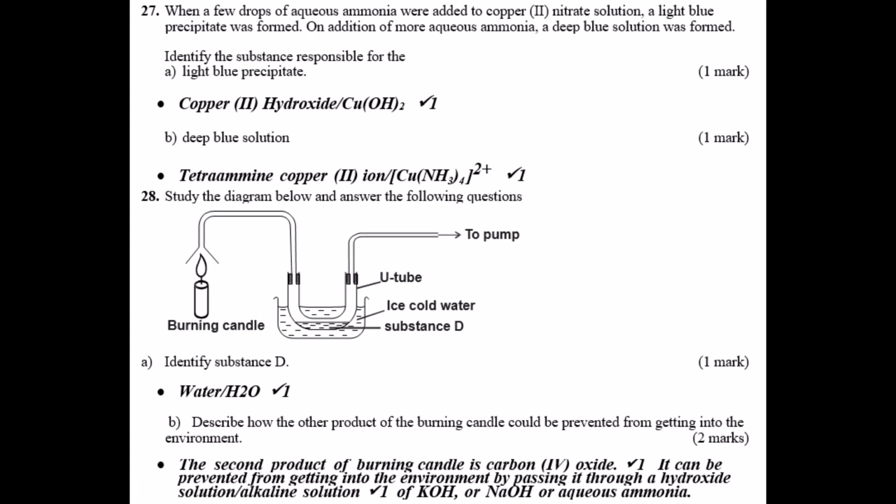You describe how the other product can be prevented from getting into the environment. That one, we can pass it over an alkaline solution, be it potassium hydroxide, sodium hydroxide, or aqueous ammonia. Remember, the second product is carbon dioxide gas. Alkaline solutions have good ability to absorb it.